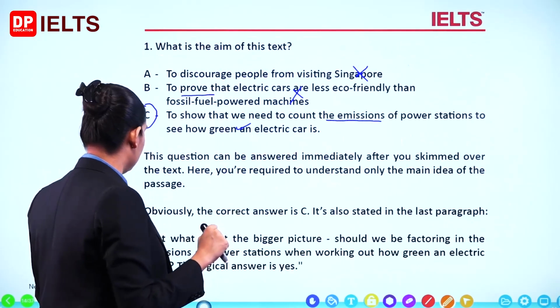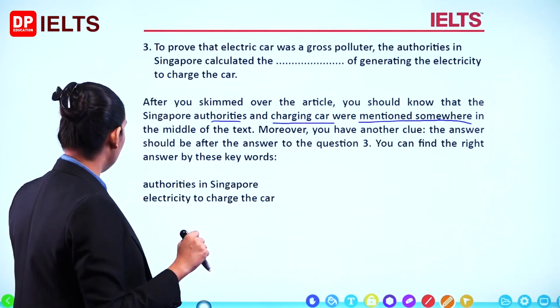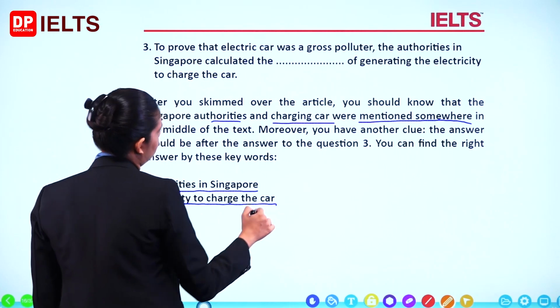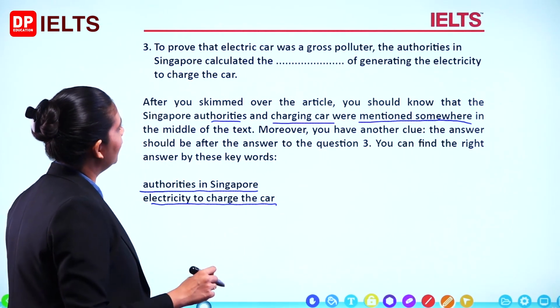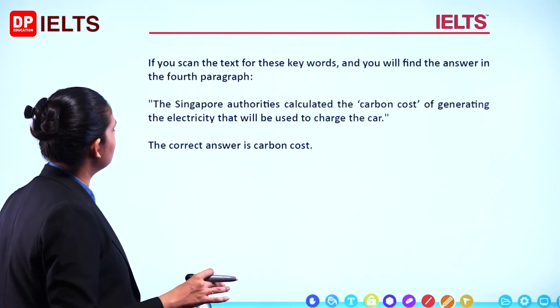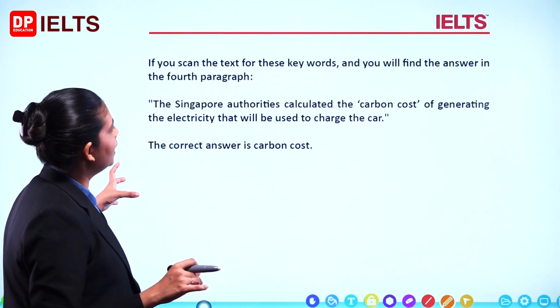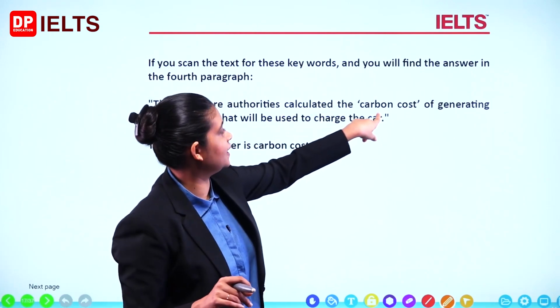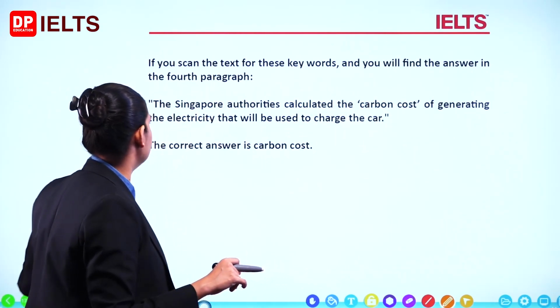Now, what are we looking at? We are also looking at authorities in Singapore, electricity to charge the car. So, calculated the watt. Now, when we read that sentence, if you scan for these keywords, then the Singapore authorities calculated the carbon cost of generating the electricity.